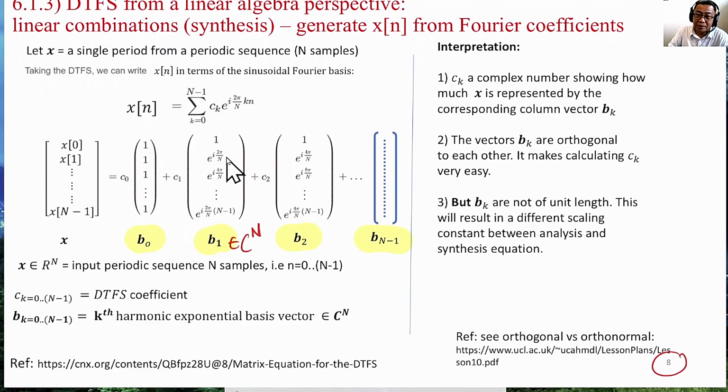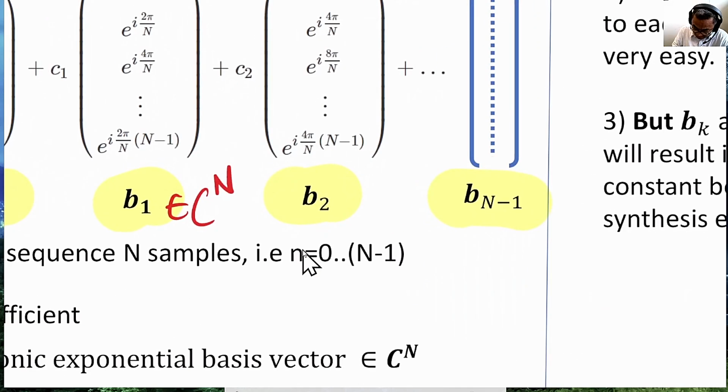And B1 basically has a rotating vector that completes one complete revolution in n samples, and B2 will complete 2 revolutions in n samples. So the index k here represents the harmonics. The higher the value, the faster it is rotating.